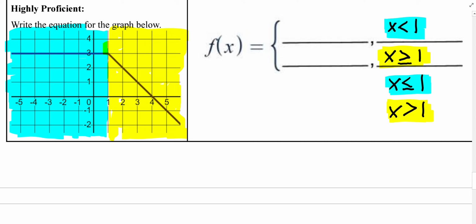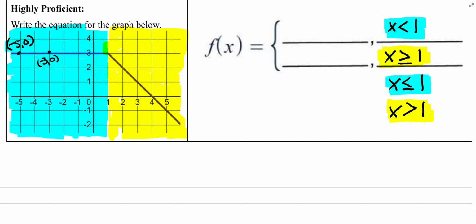So then let's look at the top one, the blue line. This is a horizontal line. And so everywhere that is consistent on this point, this is some point, let's say this is -5, 0. Sorry, guys.